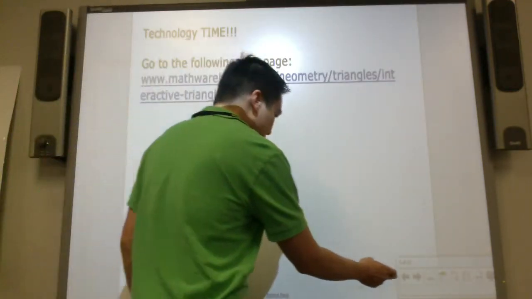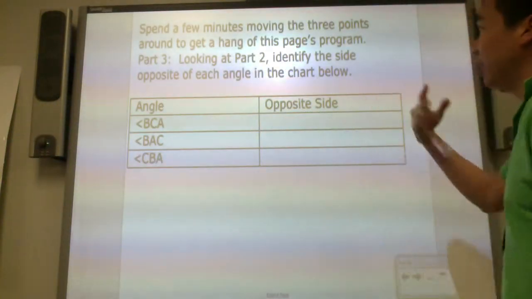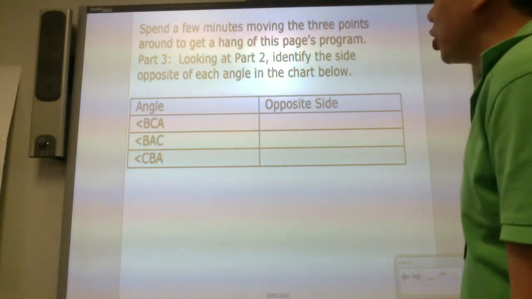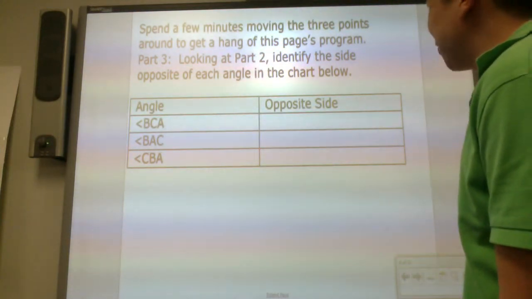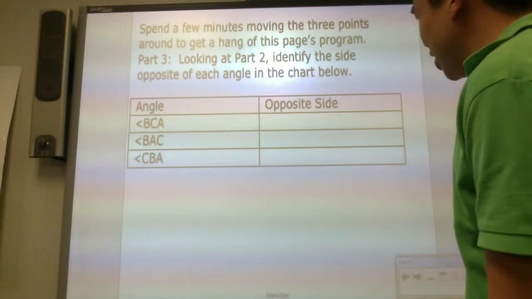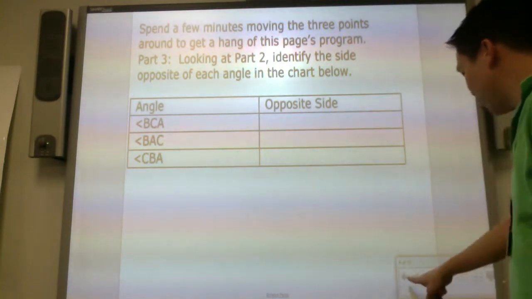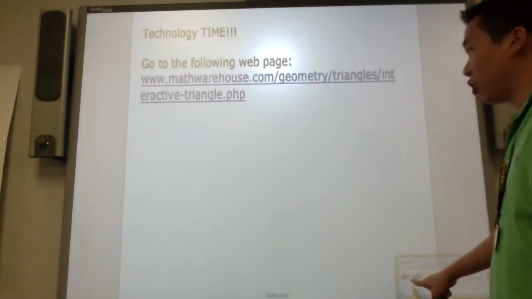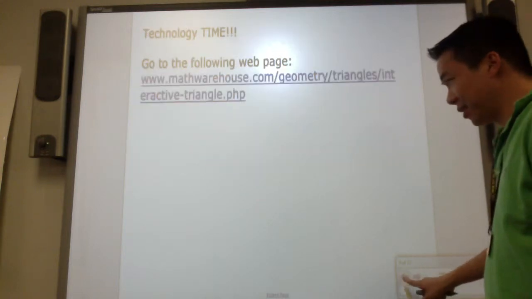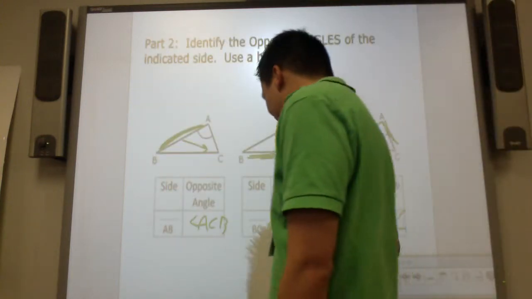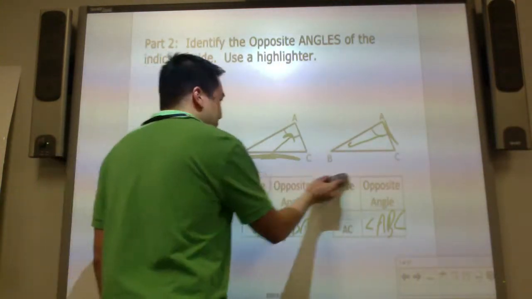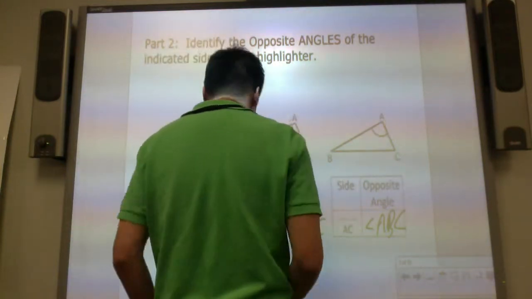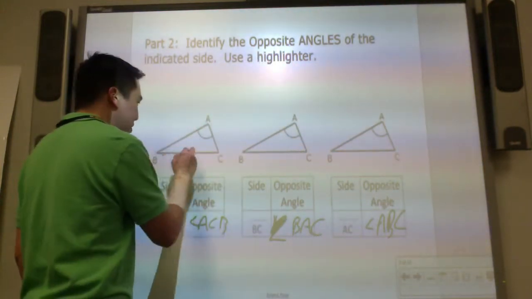So, taking what we got from here, now we need to go back to part 2 and identify the side opposite of each angle. So let's go back to our angles. Our first question is angle BCA. Let me clean this up. Here's angle BCA.